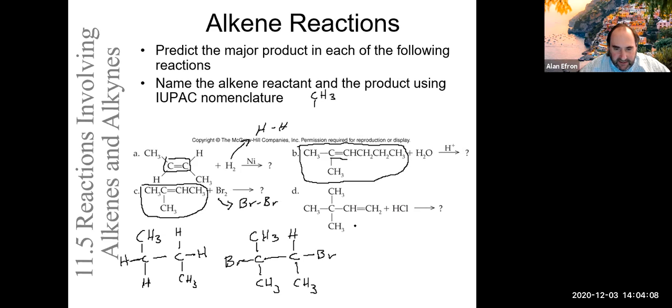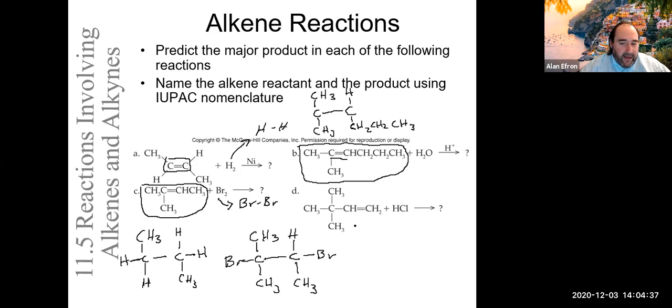I'm going to have my CH3 and my C, and that has another CH3 attached to it. That is where my double bond is. It will now become a single bond to a carbon that is attached to a hydrogen and a very long group, which looks like CH2, CH2, and CH3.